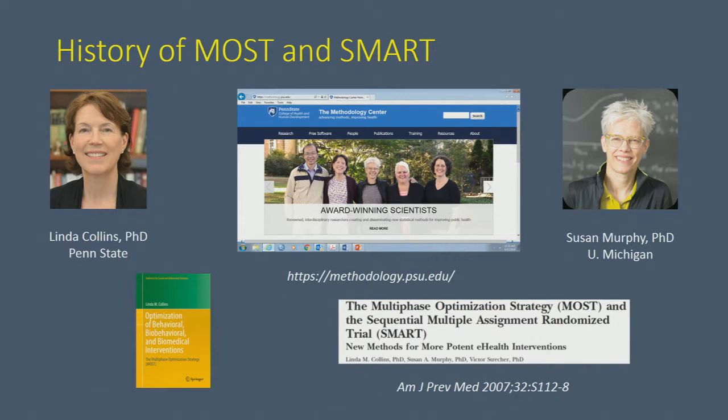Linda designed the multiphase optimization strategy, MOST, and Susan developed SMART designs, and both continue to work in this methodologic space. They jointly run this really cool center called the Methodology Center, and there's the URL. If you're interested in learning more about these designs, that's a great place to start. Lots of links to their publications and so forth. Collins has a new book out on optimization techniques in clinical trial design.